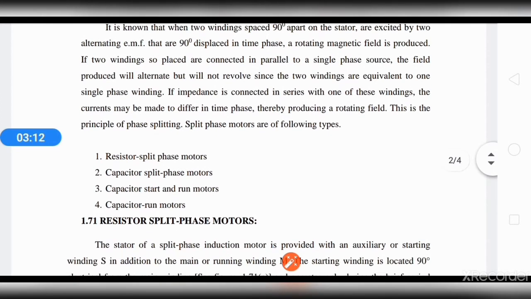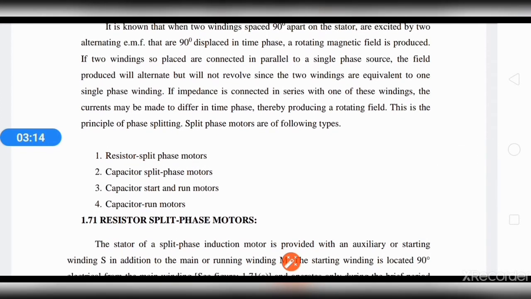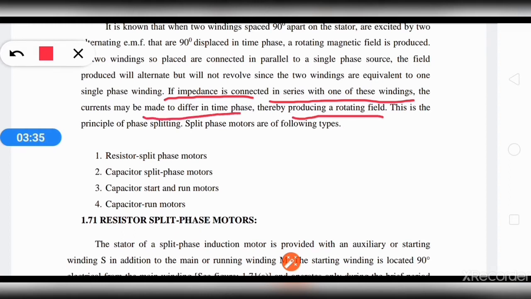If impedance is connected in series with one of these windings, the currents may differ in time phase, thereby introducing a rotating field. So impedance has to be connected in series with one of these two windings placed on the stator, so that a time difference in phase can be produced and a resultant rotating magnetic field is produced.